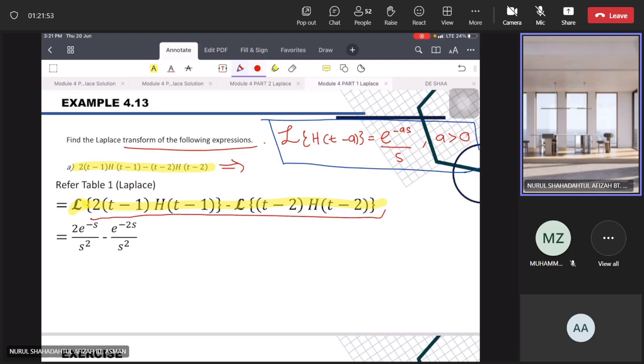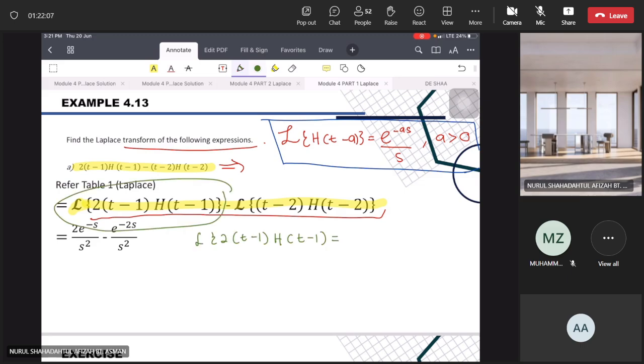Laplace of 2t minus 1, h(t minus 1), so equals to, you can refer to this equation. So you have 2 here. That's why 2 e negative s over s square.